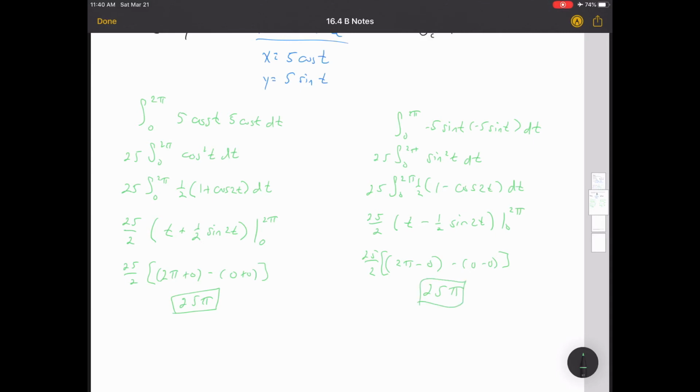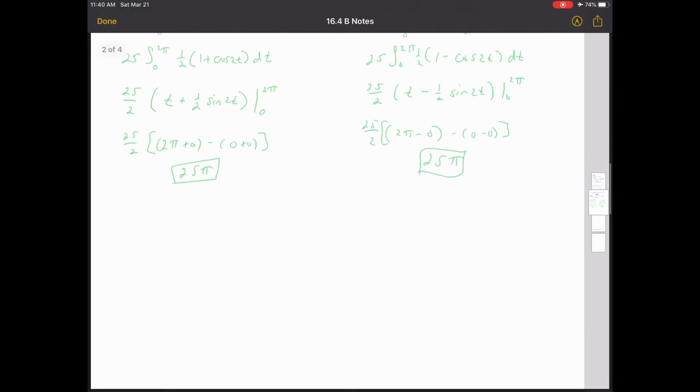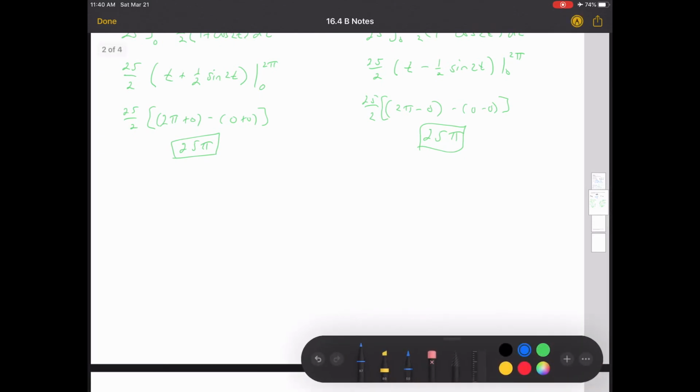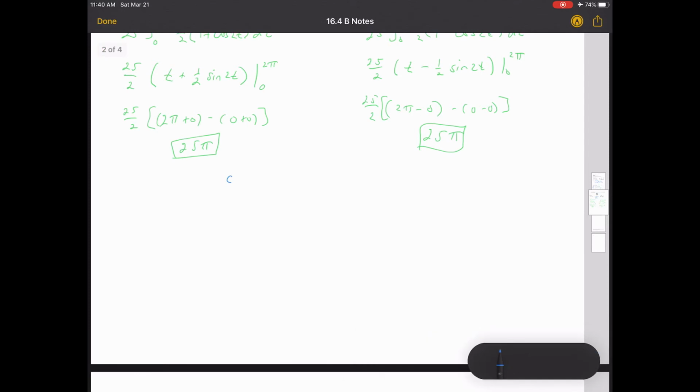So far, so good. And the last one we want to check, we'll call this letter C. I think I'll have just enough room on the page here, so hopefully you will too. Letter C, we want to check 1/2 line integral over C of x dy minus y dx. Okay, and you should have it on your paper.